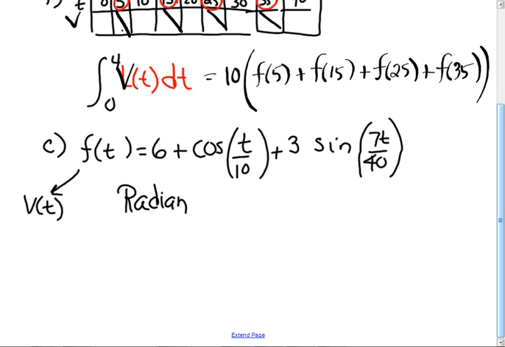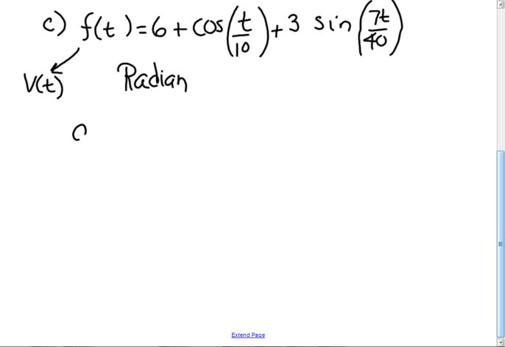And according to this model, what is the acceleration at t equals 23? Do you remember how to find the acceleration? It's the derivative. Are you going to do this by hand? No. T equals 23. If you're not in radian mode, you will not get the right answer.